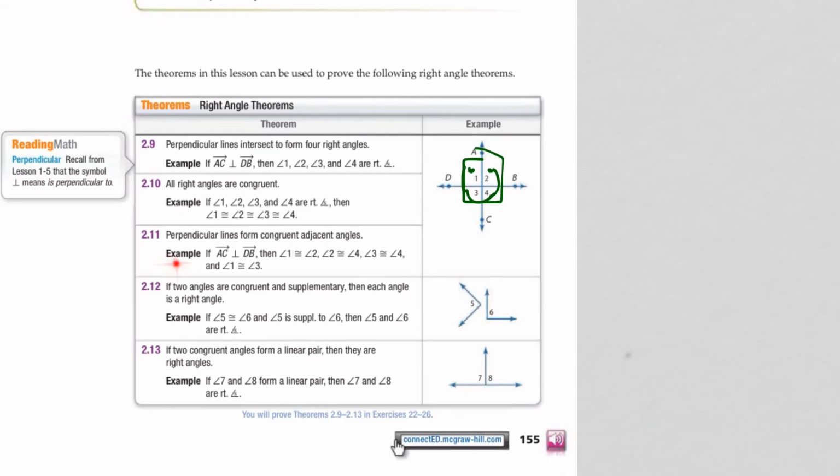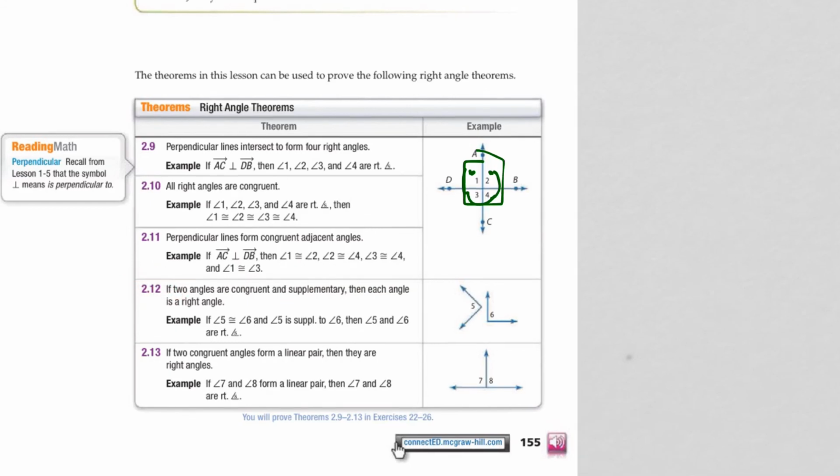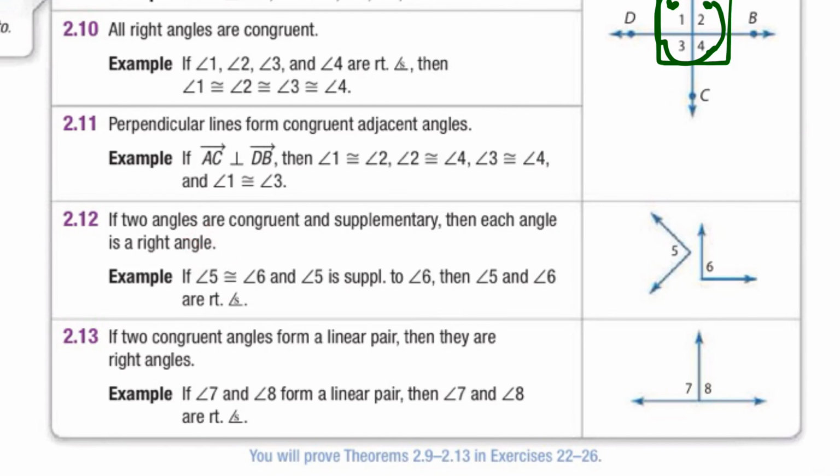2.12 says, if two angles are congruent and supplementary, then each angle is a right angle. So they're saying if angle 5 is congruent to angle 6, and angle 5 and angle 6 are supplementary, well then the only way that could happen is 90 plus 90, right? I can't say one's 89, then the other has to be 91.